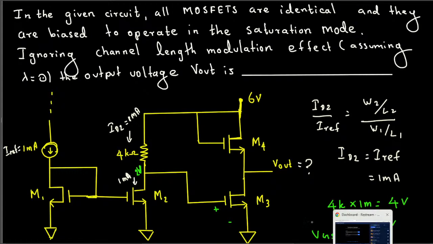Okay, and this is gonna be helpful because we are gonna use the current equation to figure out the output voltage. So let's see how it's related. Let's call this one VGS3, because here also we are gonna have VGS. That one we can call VGS4, since this is M4.